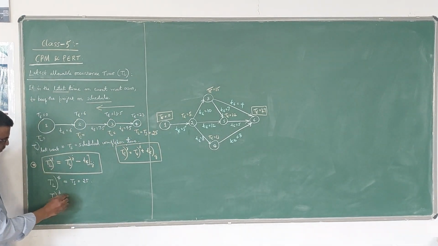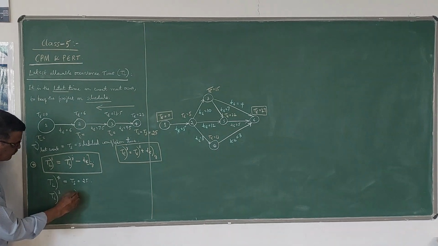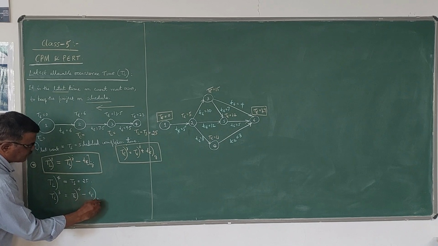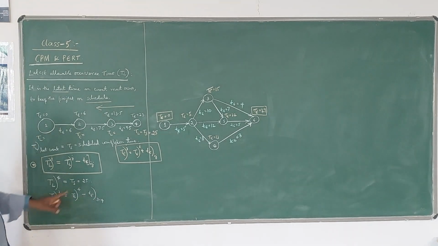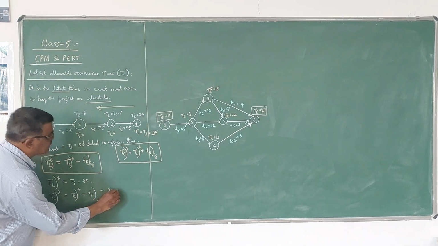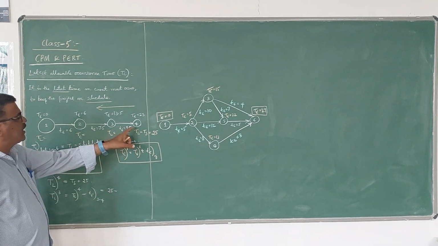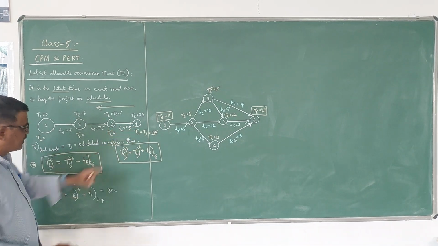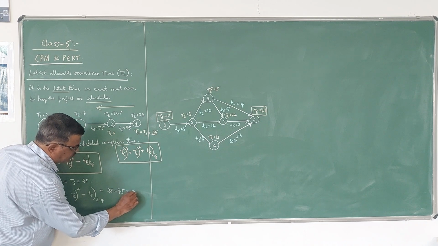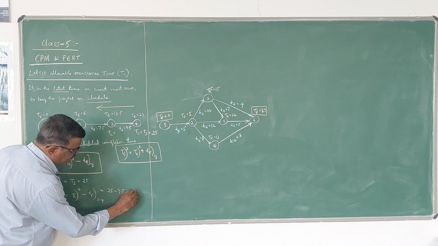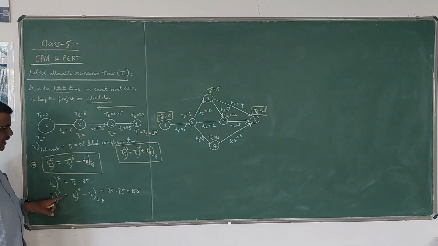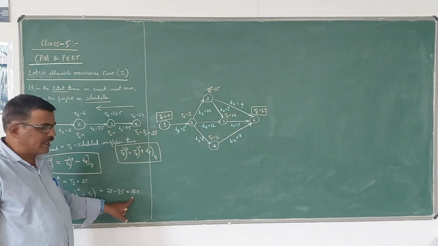Using this formula, it is TL of 4 minus te of 3-4. TL of 4 is 25 minus the time taken for activity 3-4, which is 9.5. So 25 minus 9.5 is 15.5. That means at the most event 3 should be completed within 15.5 days.